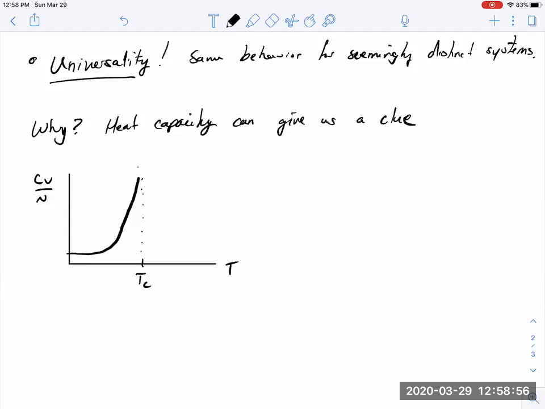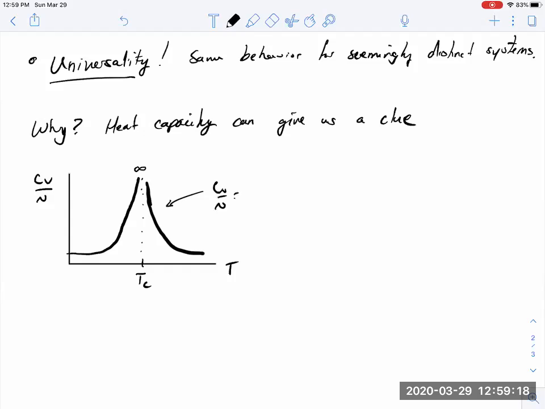Exactly at that critical temperature, the heat capacity, to the best of our ability to measure, is essentially infinite. The same is true as I approach that critical temperature from above. The heat capacity is observed to increase, and at the critical temperature it diverges.